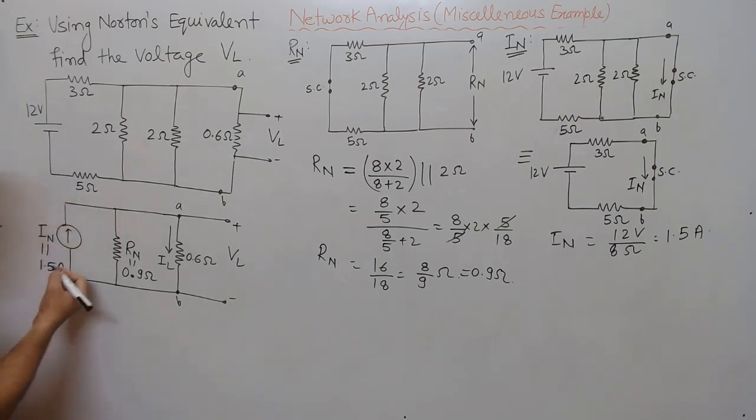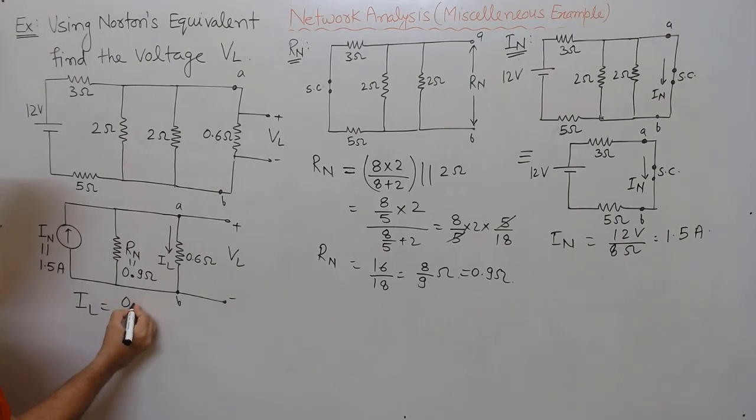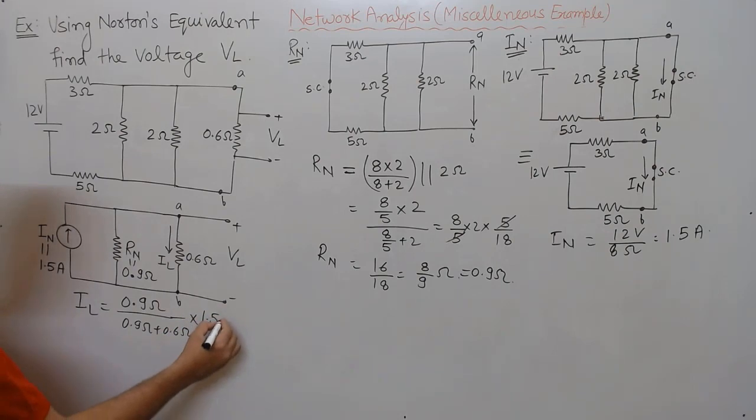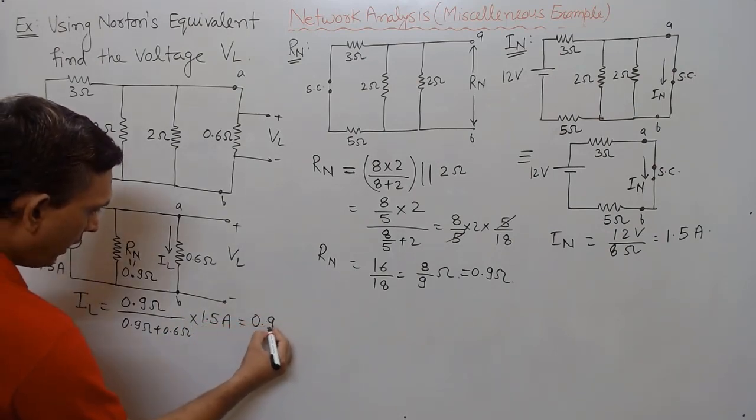Now if you know IN and RN, you will get IL. IL is 0.9 ohms divided by 0.9 ohms plus 0.6 ohms into 1.5 ampere. So this will be 0.9 amperes.